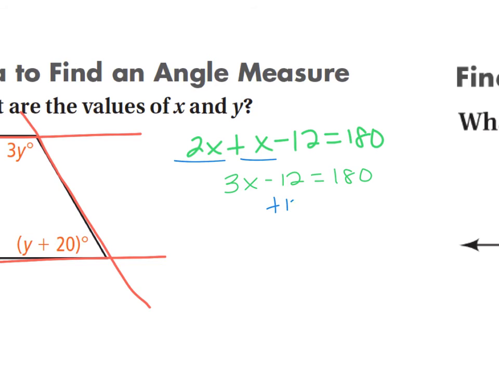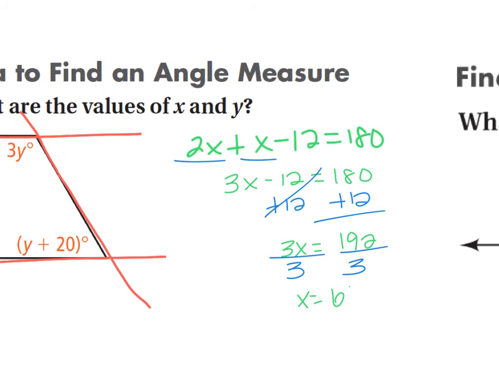Then I would add 12 to both sides, and I would get 3x equals 192. Then I would divide both sides by 3, and x equals 64. Sweet, we solved for x. Halfway done.